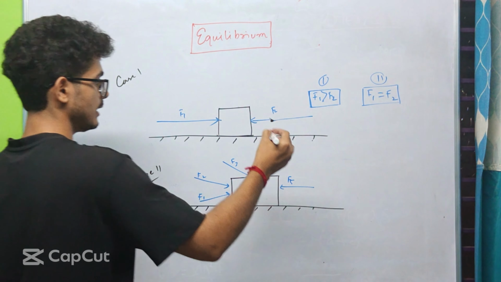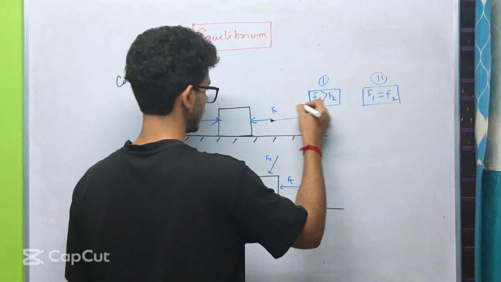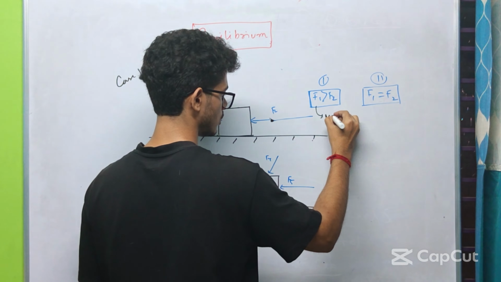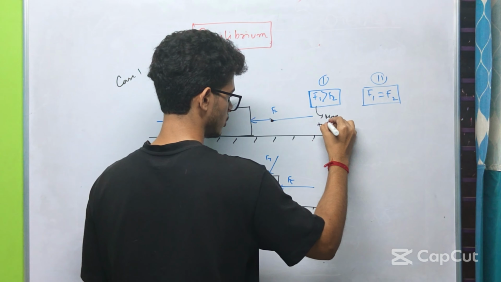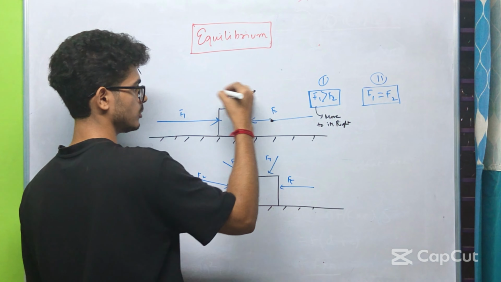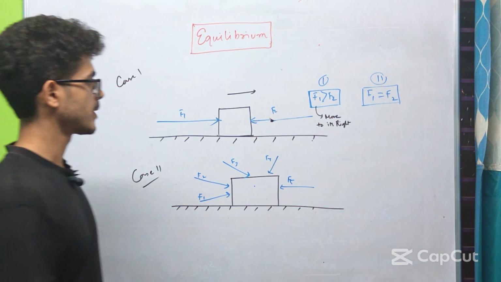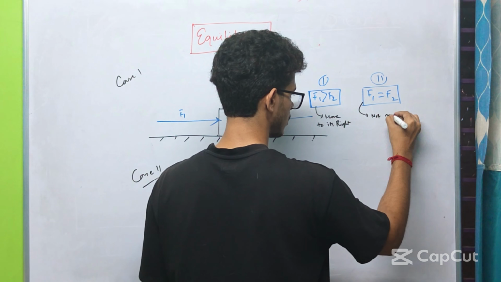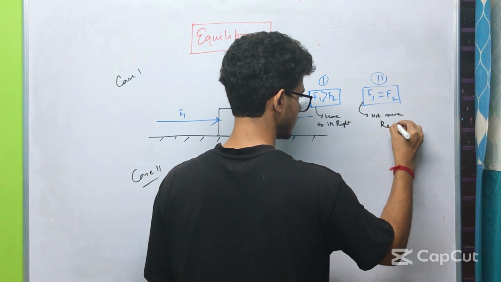This can easily be observed from the figure that in this case the body will move to its right. This would be the direction of motion of the body, and in this case the body will not move. It will be at rest.